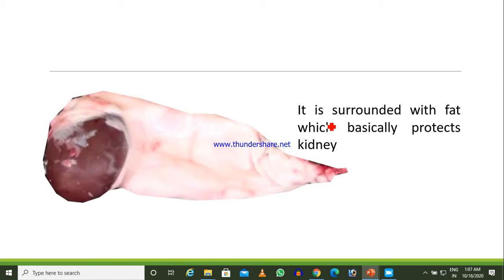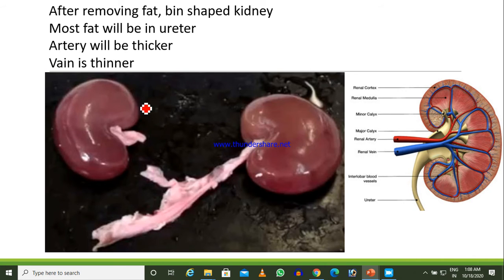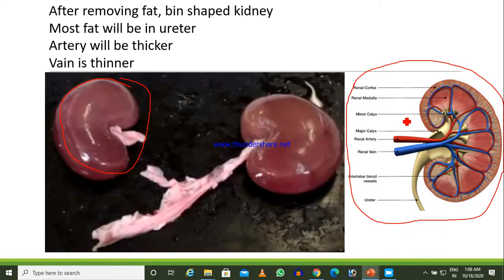So basically this is the kidney, which is surrounded by fat that basically protects the kidney. After removing the fat, this is the common bean-shaped kidney, a figure we are very familiar with from our ninth standard.